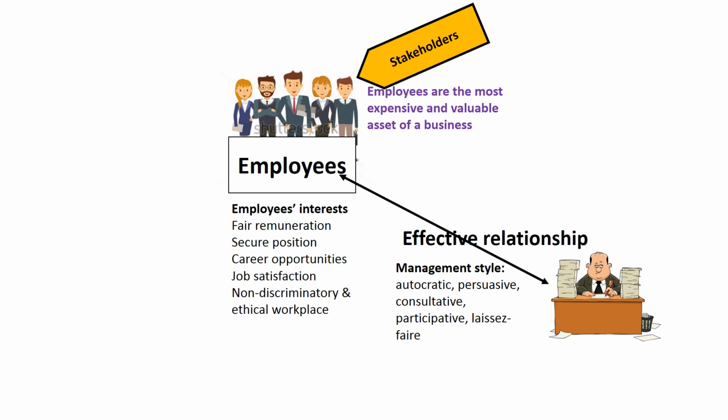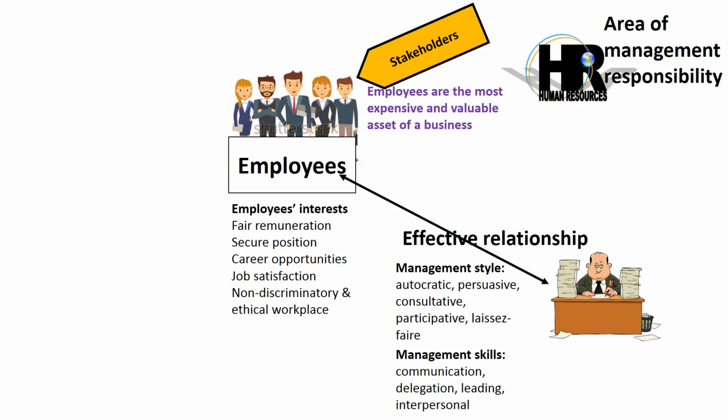On the other hand, a participative management style is best suited to employees who are experienced, highly skilled, motivated, and able to work as a team. A manager also requires a range of management skills to manage their employees. These skills include communication skills, delegation skills, leading skills, and interpersonal skills.